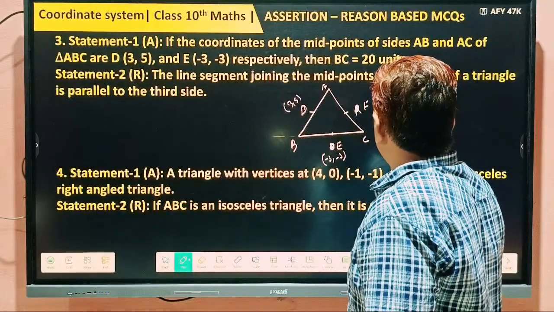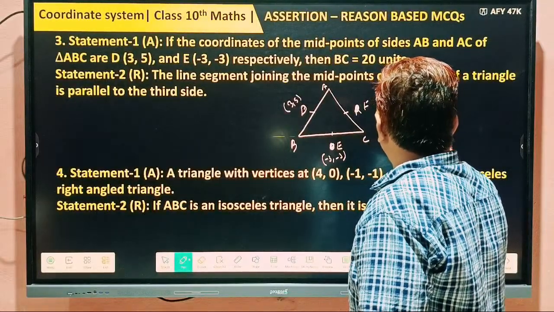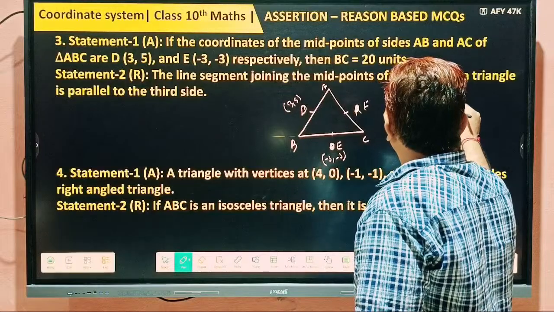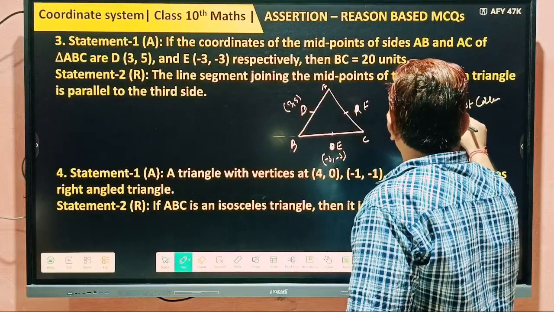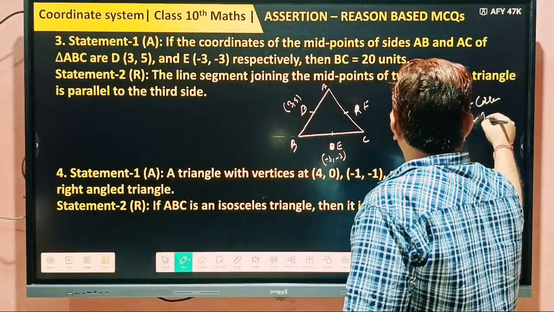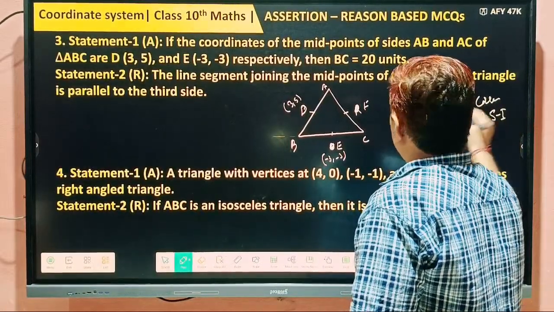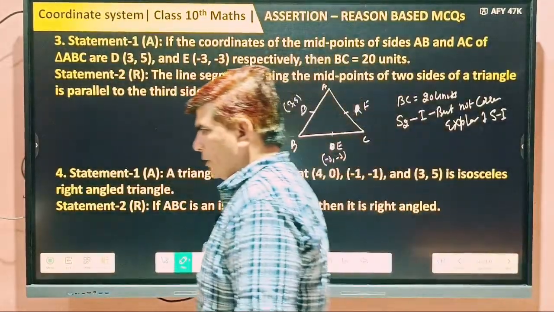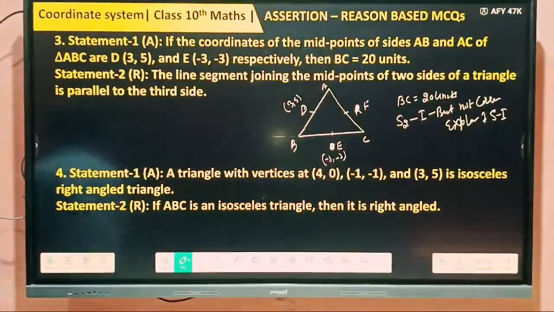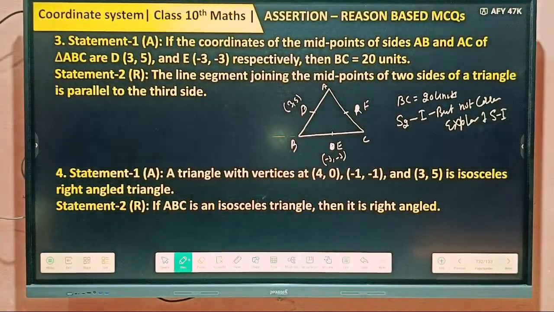Statement S2 is right 100%, but is it the correct explanation of S1? About S1, what can you say, is S1 right or wrong? So we cannot yet say whether S1 is right or not.